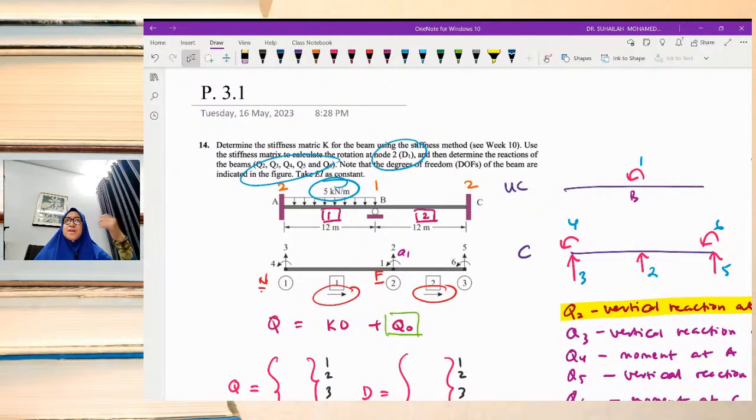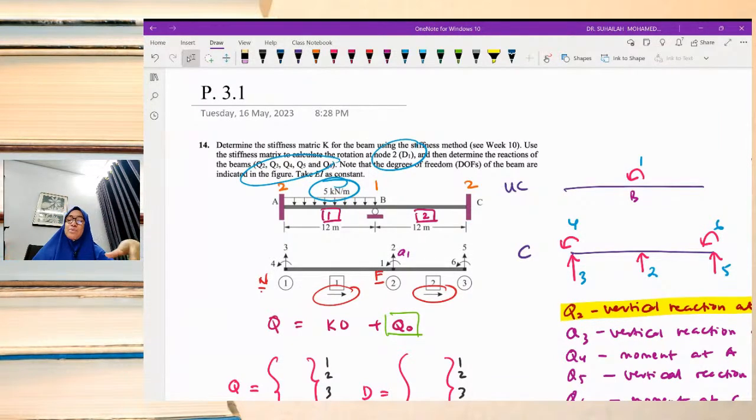Anyway, you have to refer to the question. Sometimes the question asks you to give K in full, sometimes it doesn't ask for K in full but asks for the equation in full. Sometimes there is no question asking about K and the stiffness equation, but the question states that you have to use the stiffness equation, stiffness matrix, to analyze unknown displacement and unknown reaction.